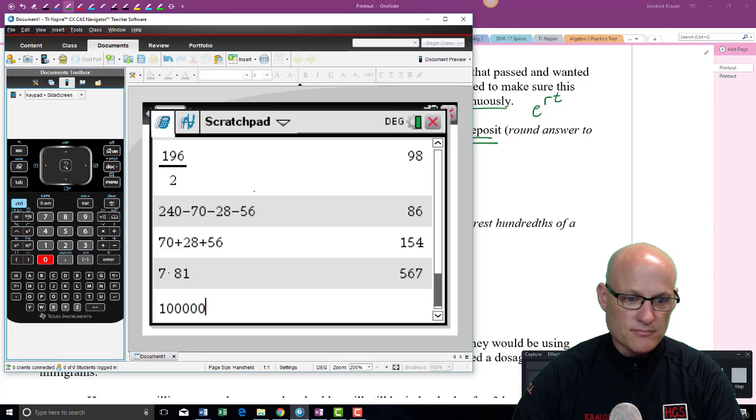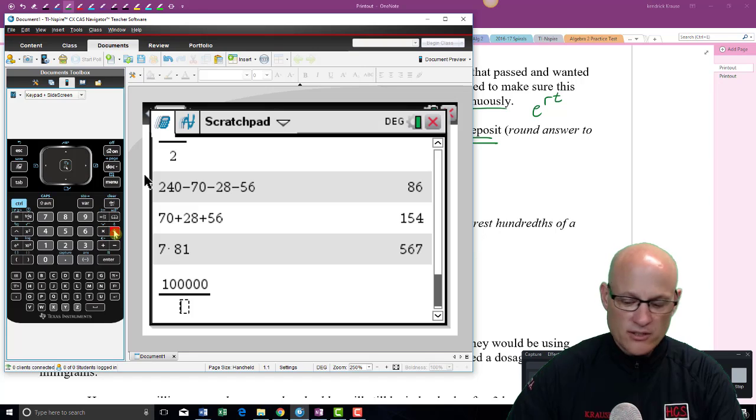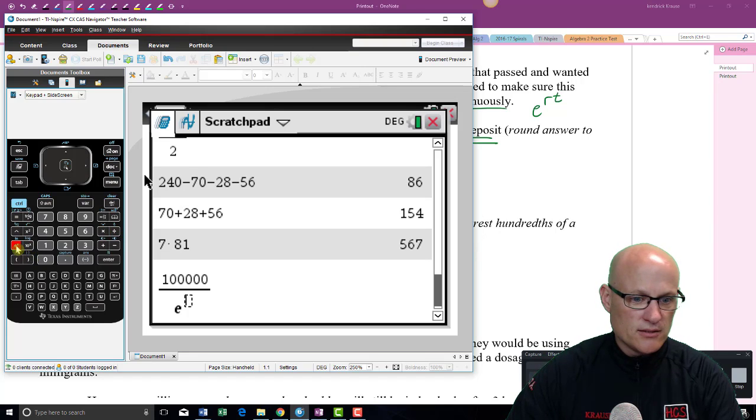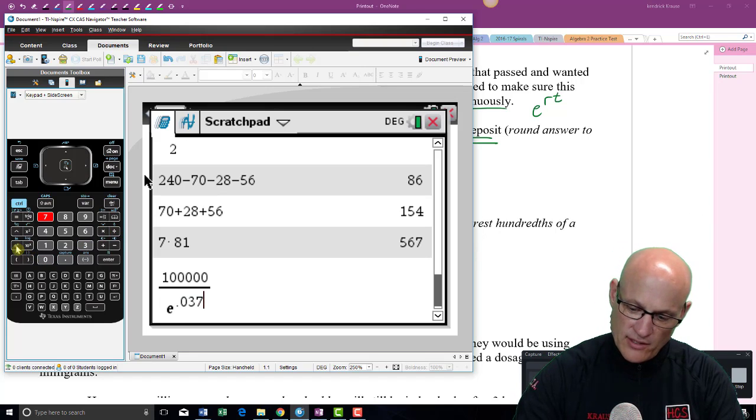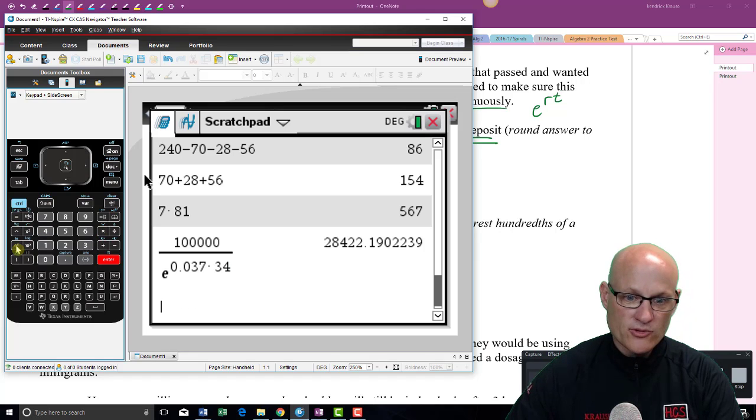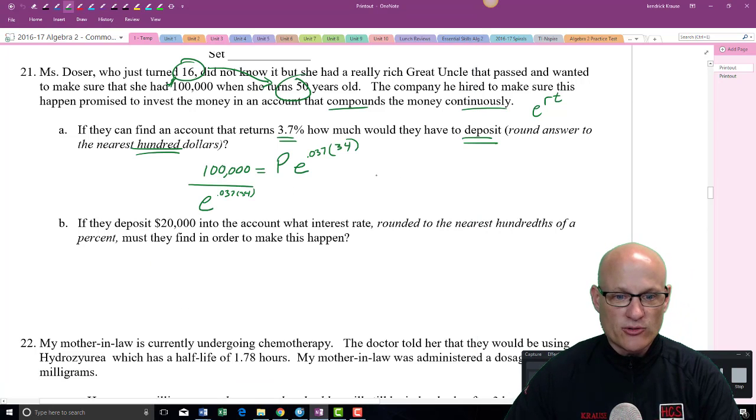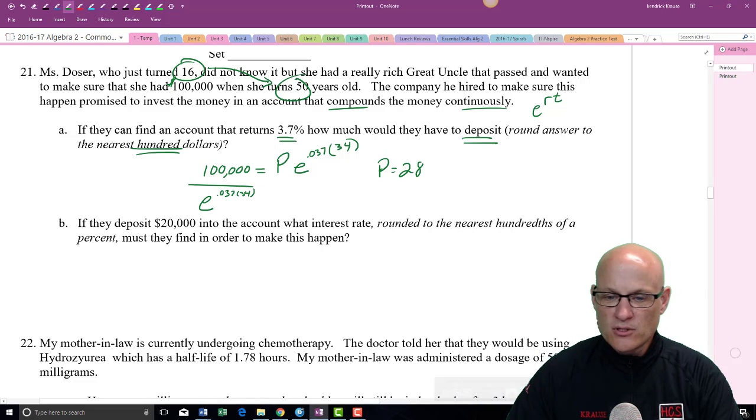100,000. Let's do it this way. Control division, divided by e to the 0.037 times 34. So they got to deposit $28,000. God bless it. $422.